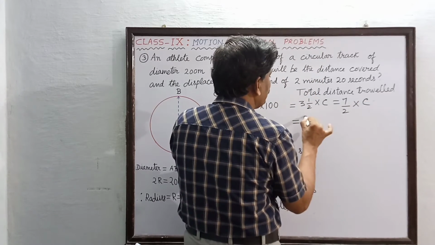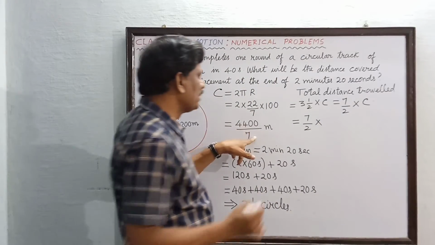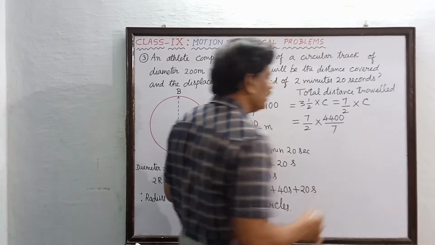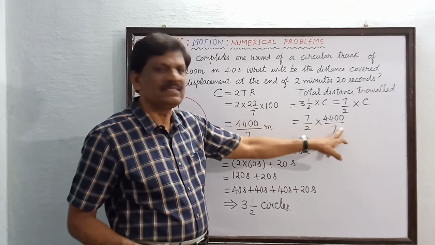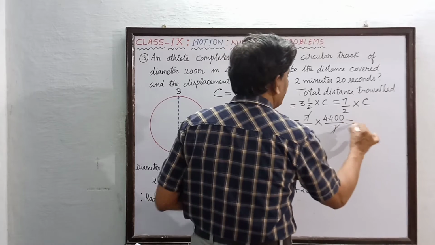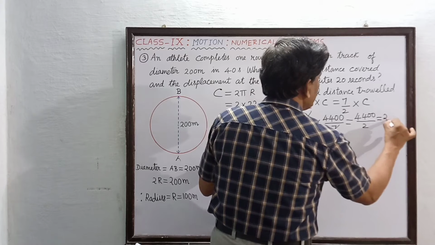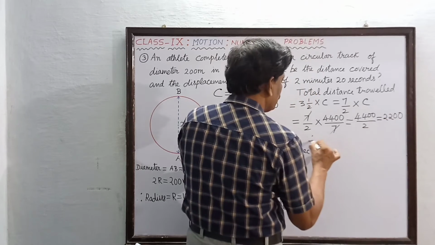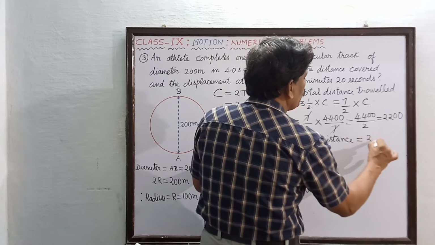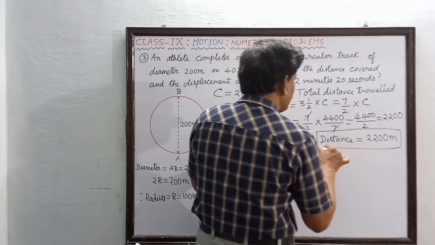So the distance traveled is equal to 7 by 2 into the circumference, which is 4400 by 7. I told you, keep it as a fraction so that the 7 can be cancelled easily. After cancelling, this is equal to 4400 by 2, which is 2200. Therefore, the total distance traveled is equal to 2200 meter.